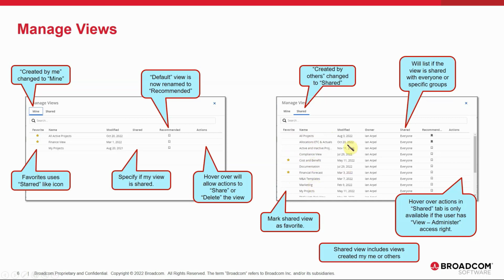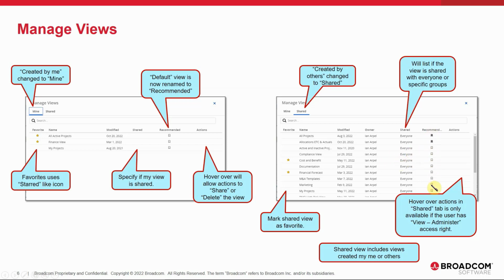The view name, the modified date, and the view owner will be listed as the next three columns, and then the shared column will show if this specific view is shared with everyone or shared with a specific list of access groups. That will all be listed right here.